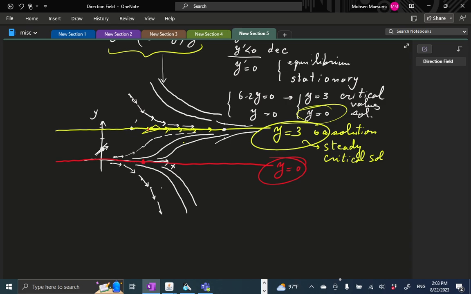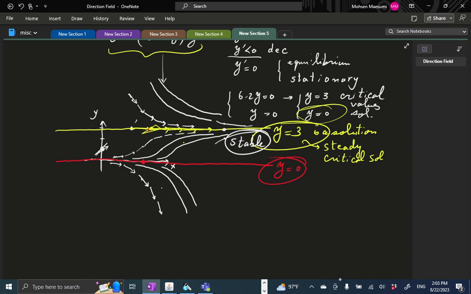For that reason, this is referred to as a stable equilibrium. So stability means if you take something and move it slightly from its equilibrium position, it comes back to the equilibrium position. That's called stable.